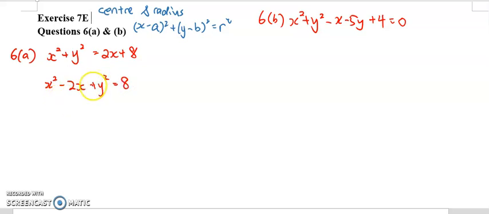Now how do we manipulate this such that it will be in a bracket square, x minus a number in the bracket square? For this, we have to make use of the technique called completing the square. So we complete the square for the first two terms, which belong to x.